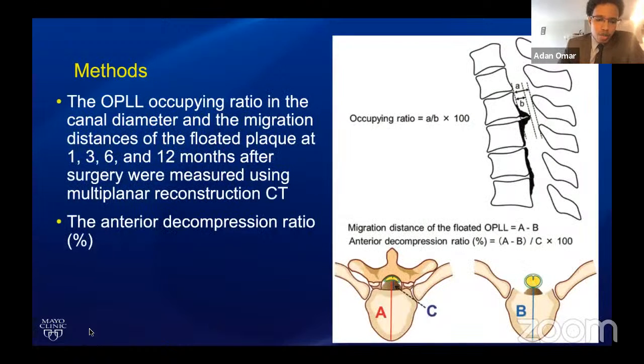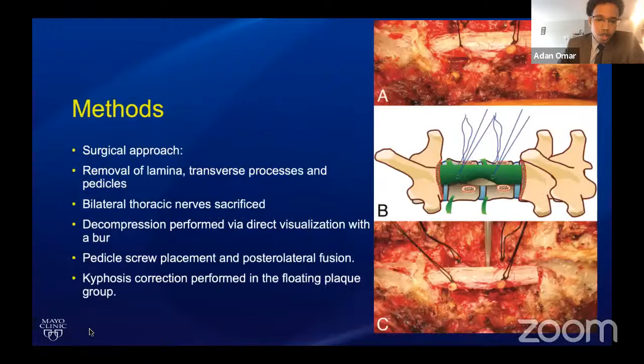For radiographic parameters, they looked at the OPLL occupying ratio, which is illustrated there on the right. They also looked at the migration distance of the floated plaques at different time points, as well as the anterior decompression ratio.